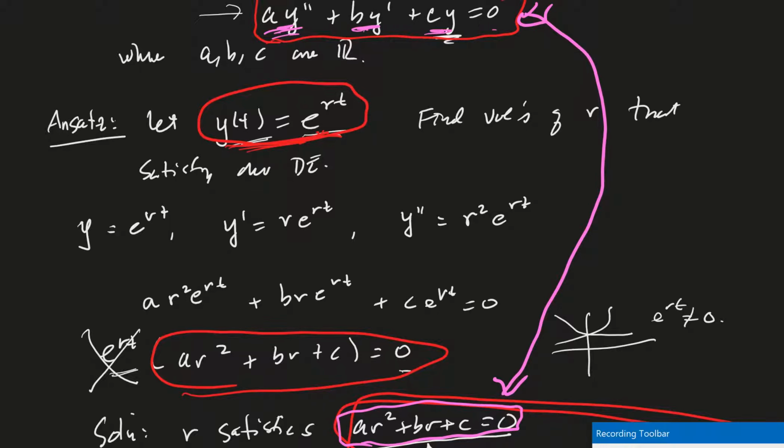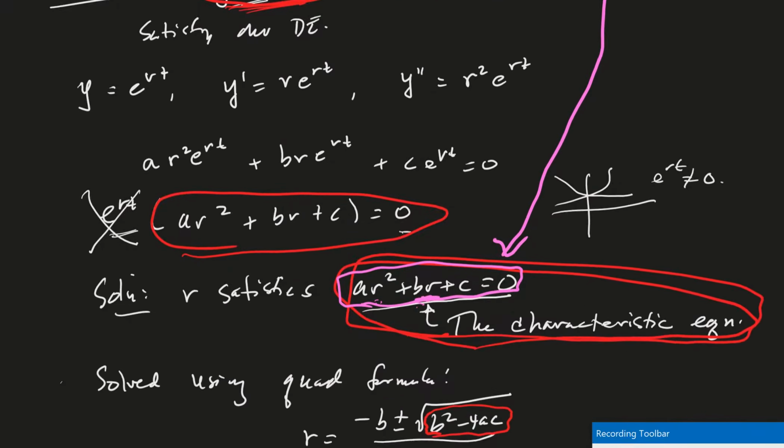So you could just go directly from here to here just by looking: a is the constant in front of y double prime, that's going to be the constant in front of r squared. b goes in front of y prime in the original, it goes in front of r in the characteristic equation, and c is our constant, and then we set it equal to 0.